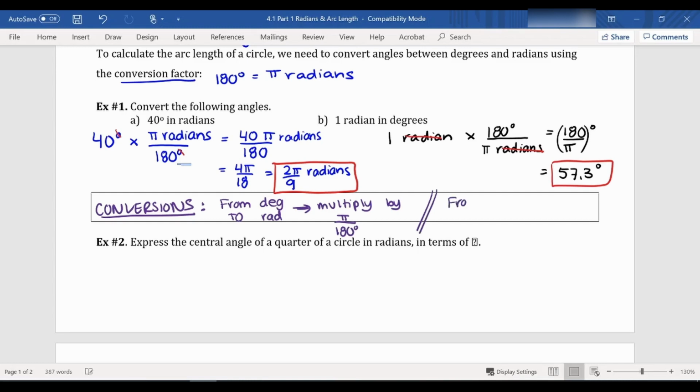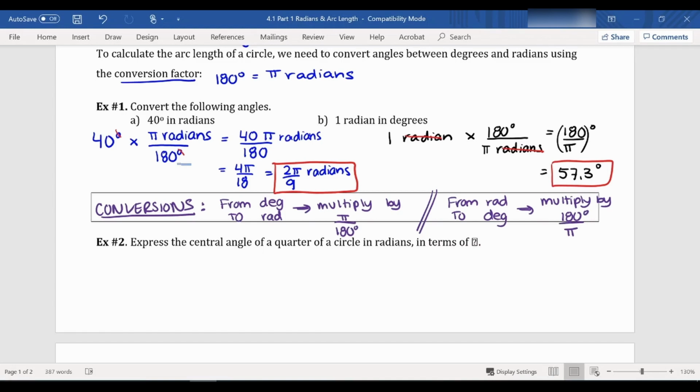If I want to go from radians to degrees, I'm going to multiply by 180 over pi. So just a note, when you're dealing with radians, you could write the word rad instead of radians on your calculator. That's what the short term is, or they just use an R.